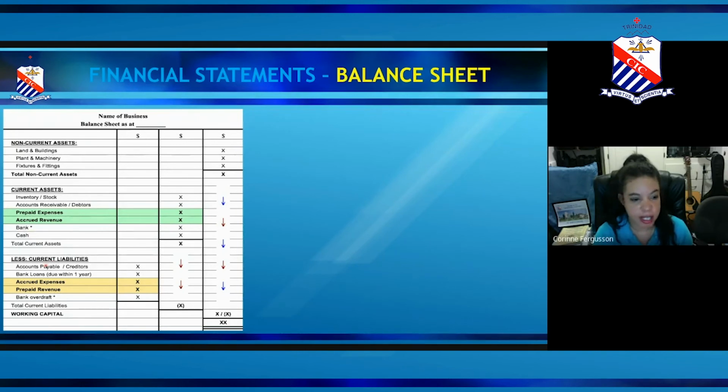And then for your current liabilities, it starts with accounts payable and bank loans, or you can probably have these the opposite of each other too. You could probably start with bank loans or accounts payable, but they don't make as much of a fuss for these things as they do for the current assets.